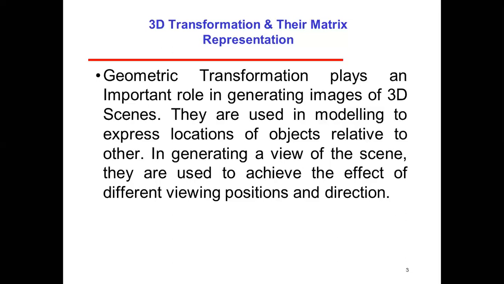This is called rotation about arbitrary points. We use three steps, and for rotating the object about arbitrary points, we apply the concatenation process. So this is all about the 2D case.